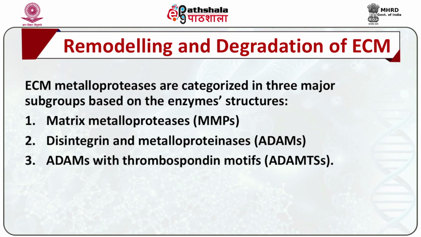These can be secreted into the ECM or remain as an integral part of the cell membranes, as a transmembrane protein or as covalently linked molecules to the membrane itself. The ECM metalloproteases are categorized in three major subgroups based on the structure of the enzyme. First, matrix metalloproteases, second, disintegrin and metalloproteinases, and third, ADAMs with thrombospondin motifs.